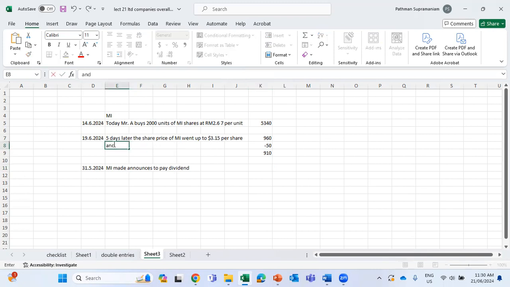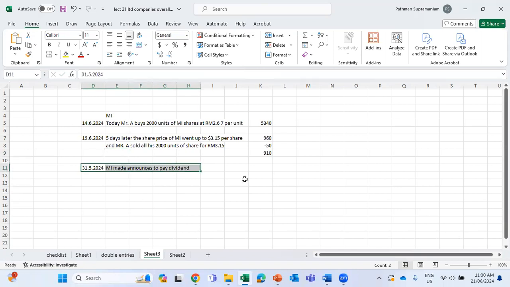Mr. A sold all his 2,000 units of shares. Will he get dividend or not? What do you think? Doesn't matter, just answer. Don't be scared of right or wrong. Is he a shareholder?